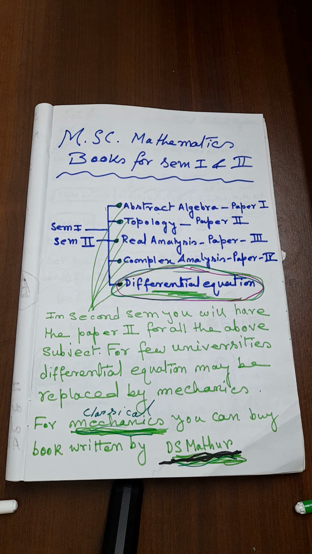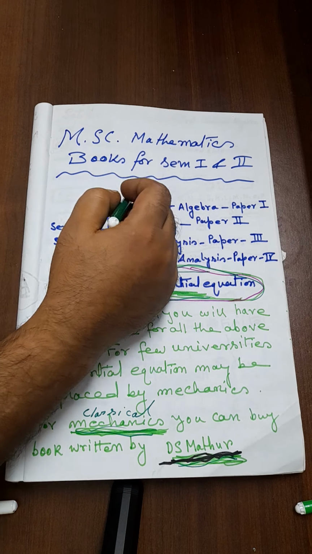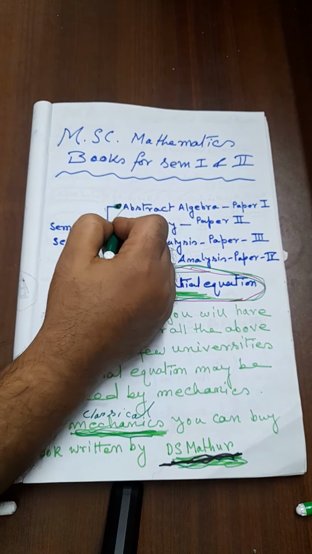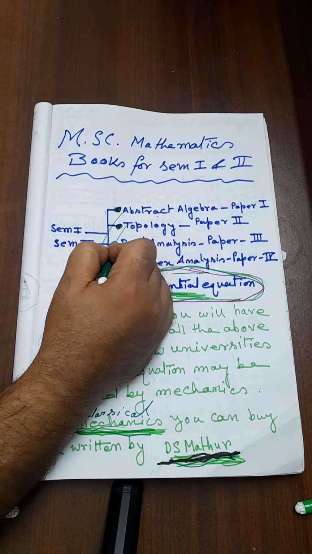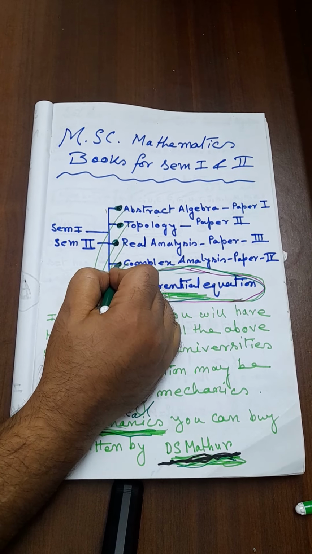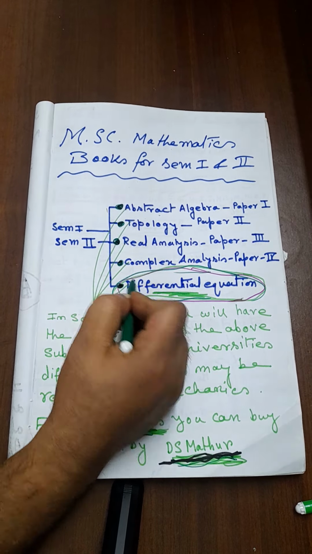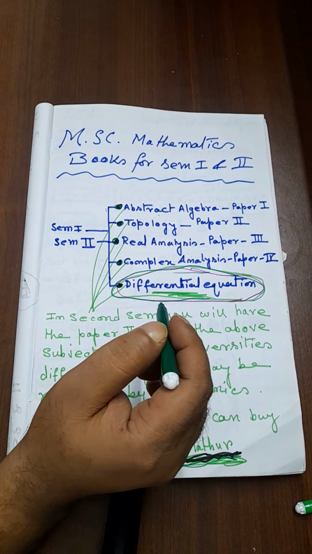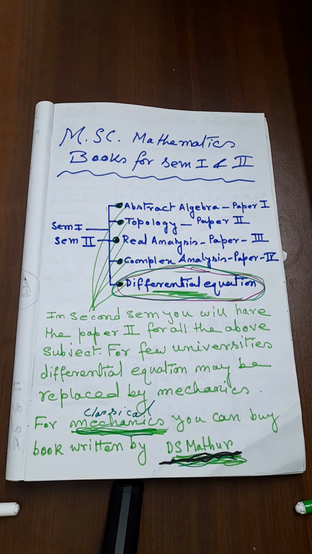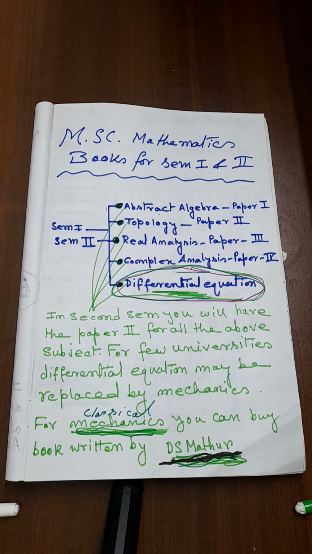So in semester 1, what were the papers? Abstract algebra, topology, real analysis, complex analysis, and differential equations. For 95% of universities, all of these 5 papers will be continued in semester 2 as paper 2.